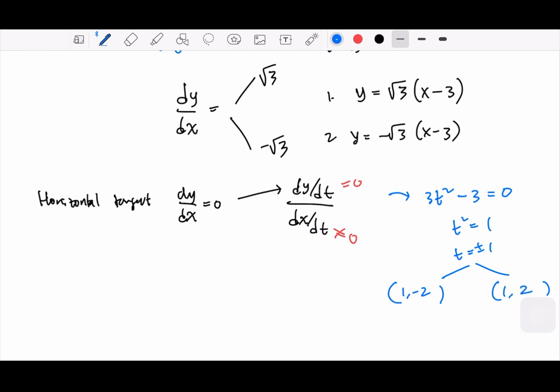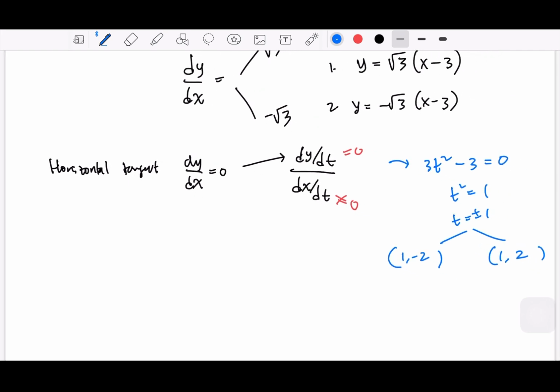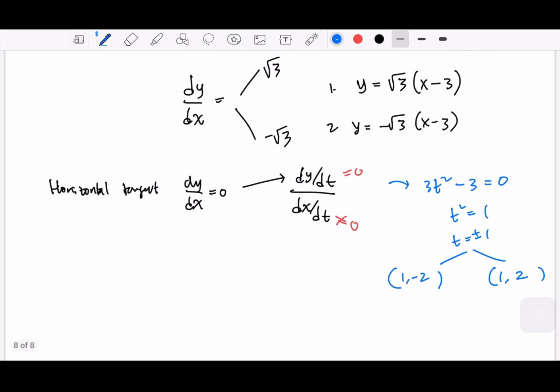We have 2 points. And then the vertical tangent, that is actually when dy over dx is infinity.